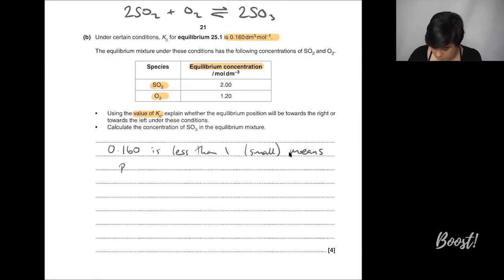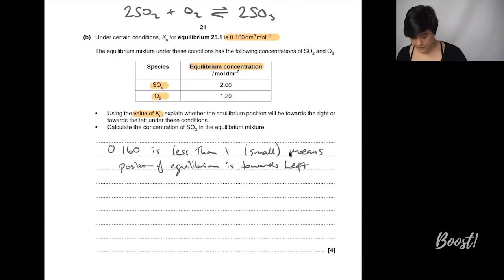This means the equilibrium position is towards the left hand side. So whether the equilibrium position will be towards the right or the left, we said it's towards the left because 0.16 suggests that we have a smaller concentration of products compared to reactants, and that therefore we've got lots of reactants compared to products. That means that our equilibrium is shifted towards the left.